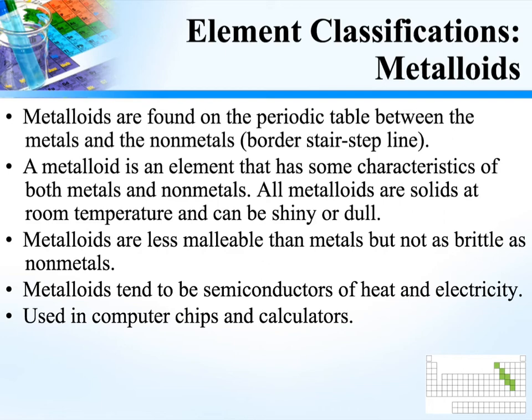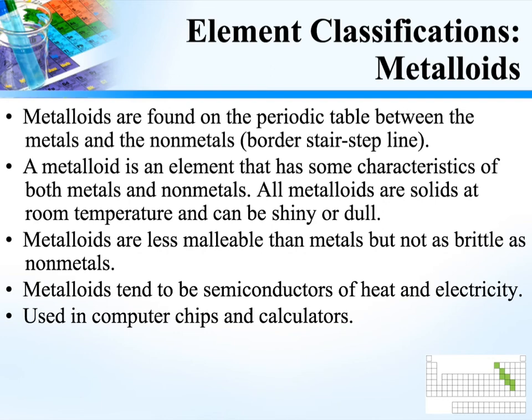The last group that we need to talk about is the metalloids. They're found on the periodic table between the metals and the nonmetals, so it borders the stair-step line. A metalloid is an element that has some characteristics of both metals and nonmetals. All metalloids are solids at room temperature, and they can be shiny or they could be dull.